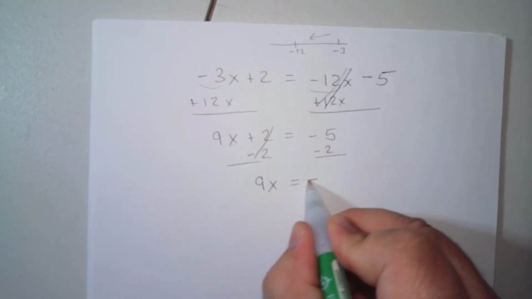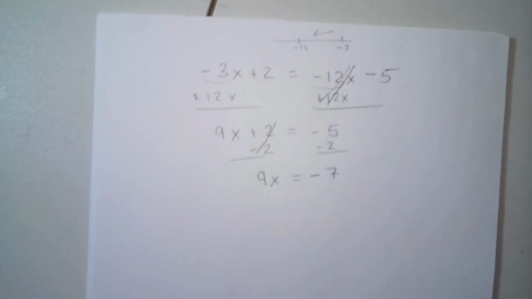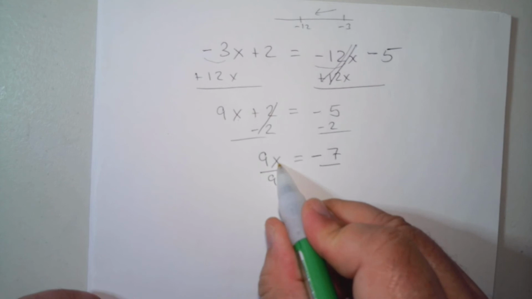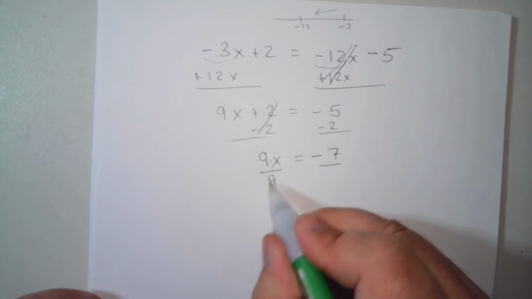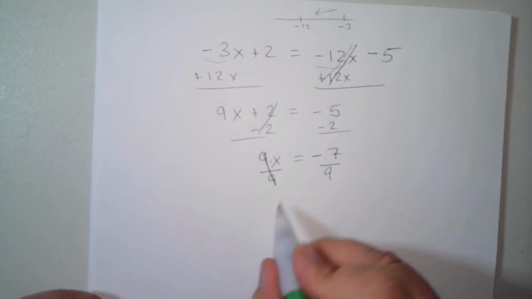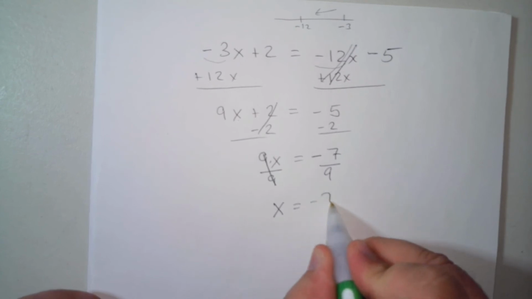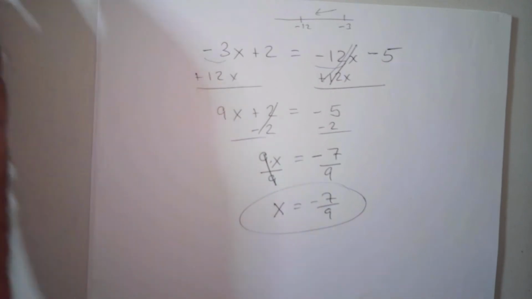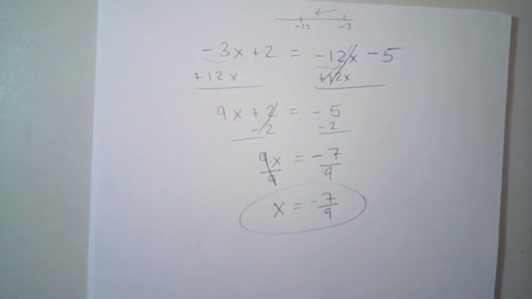They're both negative. 5 plus 2 is 7. And now, since I want to get x by itself, these are multiplied, I have to divide. So x is equal to -7 over 9. So that's the whole purpose of it: move the smaller to the larger. You don't have to worry about signs anymore.